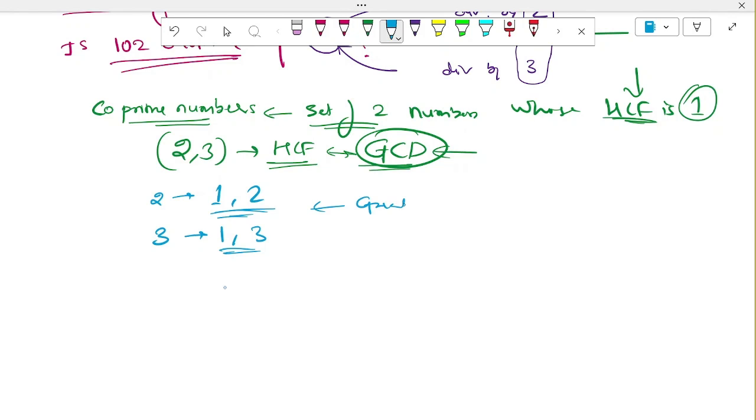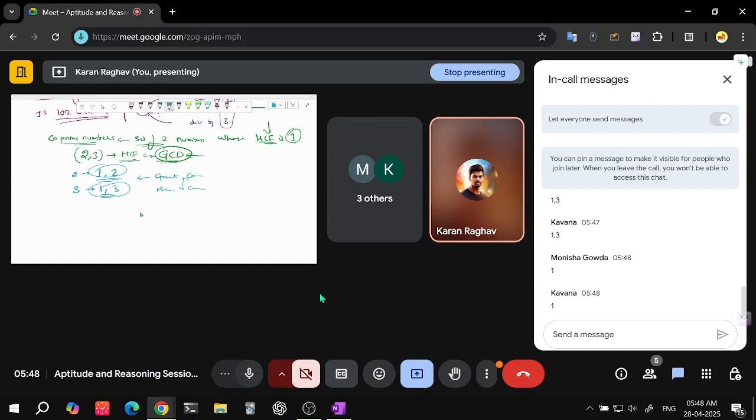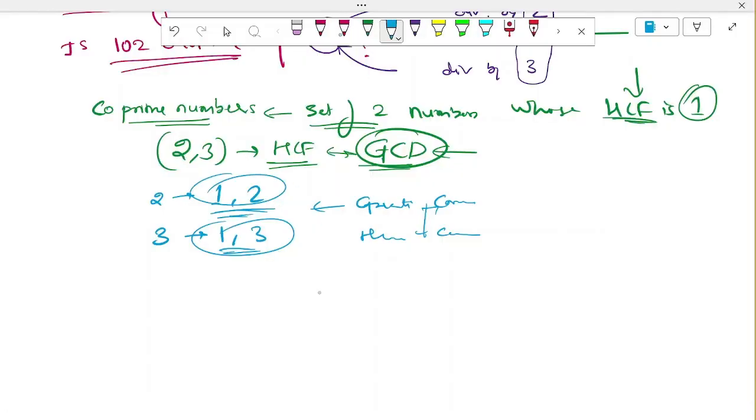Both are the same, right? So which is greatest and common in both of these sets of factors? Obviously 1. So 1 itself is the HCF of these two numbers.